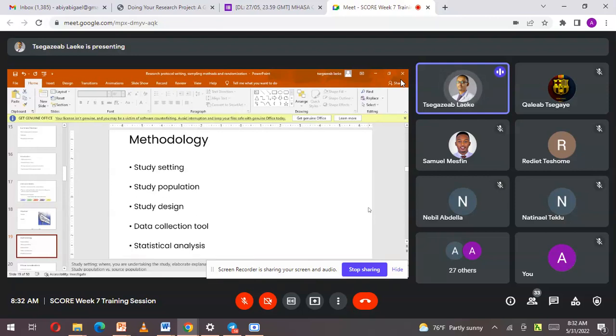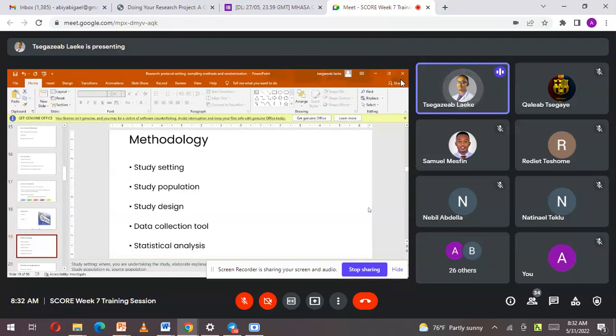So you have to mention how many patients are being treated for brain tumors in Tikur Anbessa Hospital, how big is the hospital, how is the neurosurgical activity of the hospital, and how the patients are being taken care of in the ward. So this is really important.